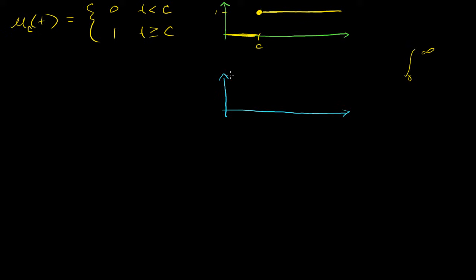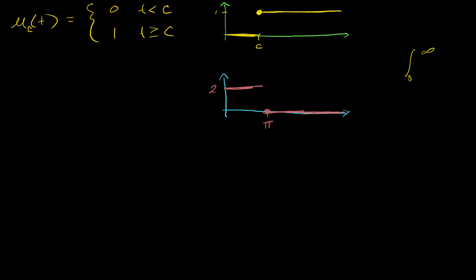And let's say it's at 2 until I get to, I don't know, let's say pi. And then from pi until forever, it just stays at 0. So how could I construct this function right here using my unit step function?